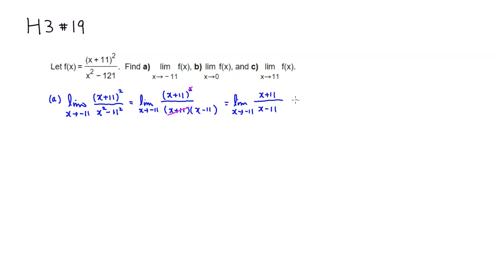Then we can just plug in. If you plug in x equals negative 11, you get 0 on top, and on the bottom negative 11 minus 11, so negative 22. But since 0 is on top, it's actually 0.